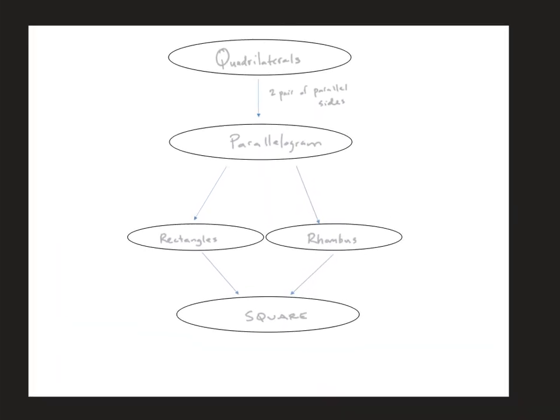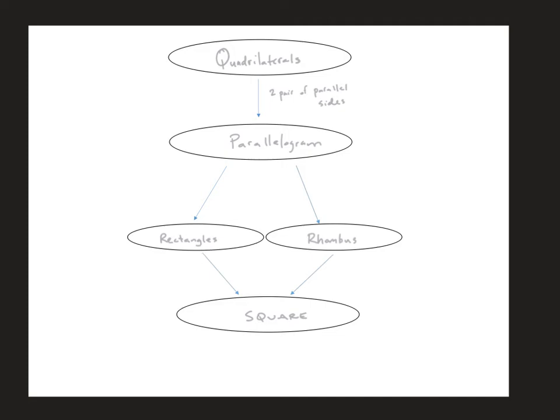So here is my hierarchy chart, and it allows me to make decisions. I could work my way up the hierarchy chart. I cannot work my way down the hierarchy chart. Meaning that all squares are rectangles. All squares are rhombus. But not all rectangles are squares.